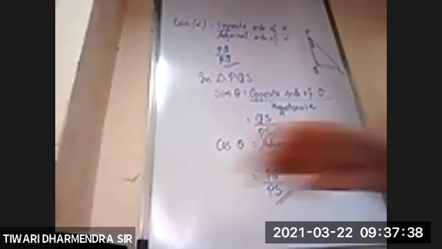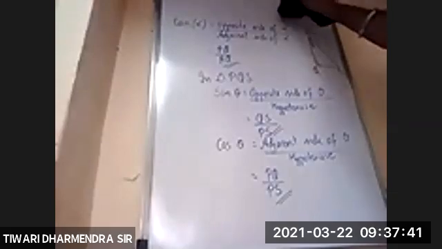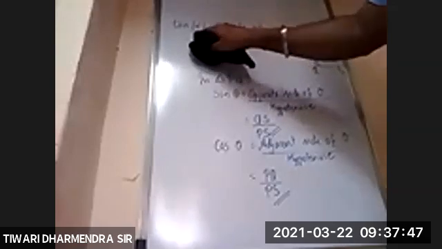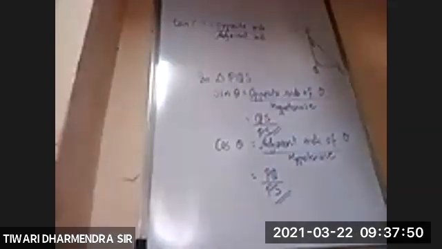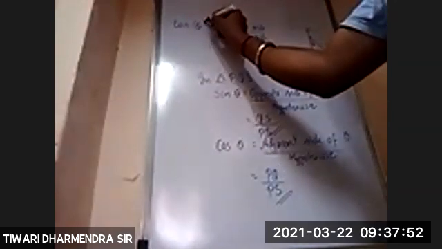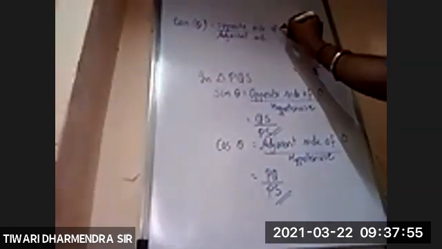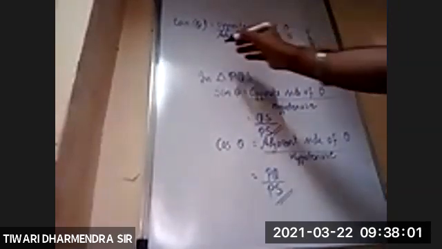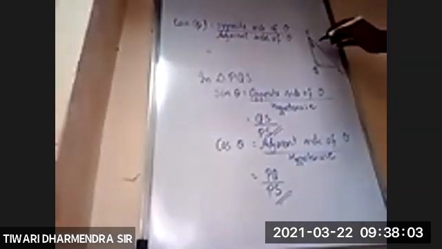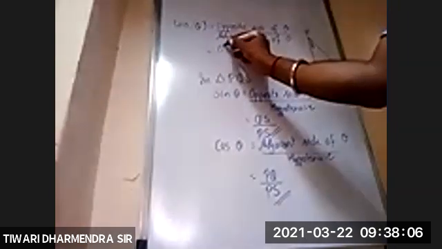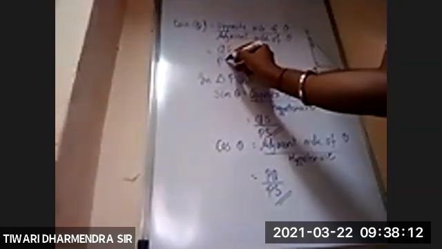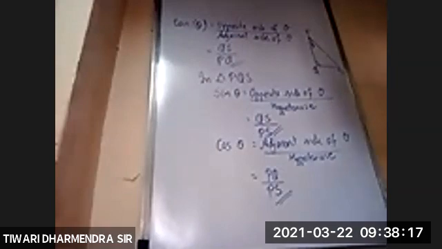Last now, tan theta. Opposite side of theta divided by adjacent side of theta. Theta's opposite side is QS, divided by adjacent side of theta, which is PQ. Okay. So we have completed all the problems of practice set 8.1.